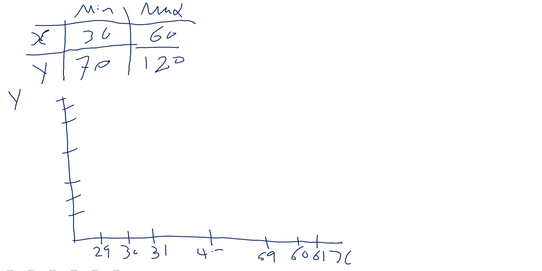The nominal is 45. And then y: 70, 69, 71, 120, 121, 119.